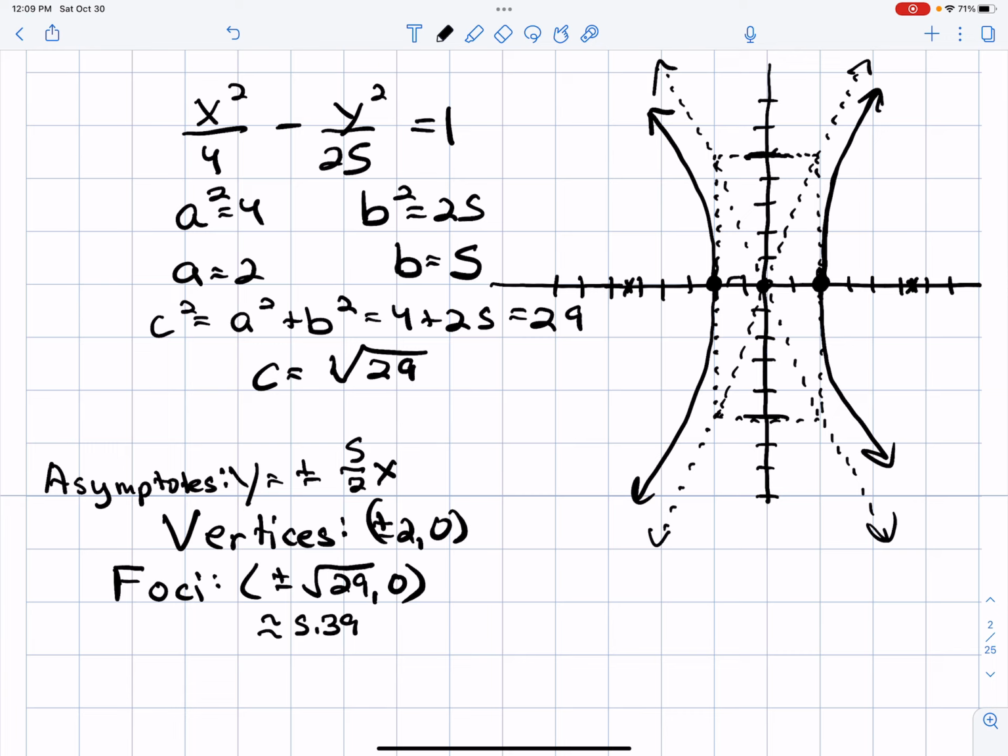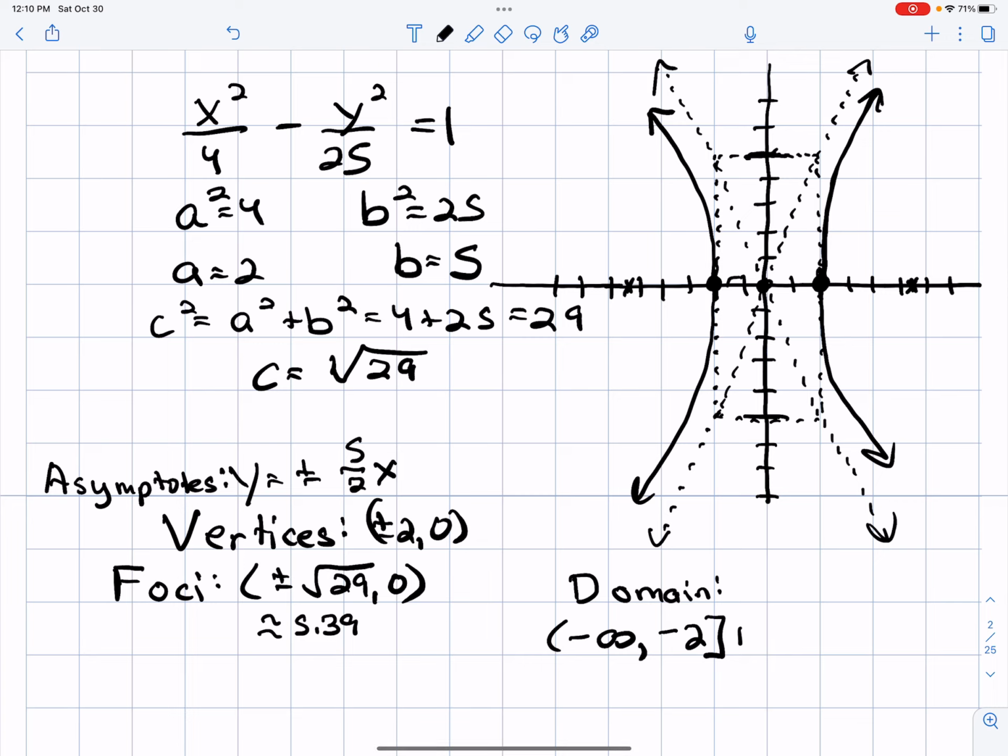All right, so we found the asymptotes, we found the vertices and the foci, and then domain and range. Okay, so domain. Well, this graph goes from left to right, that's domain, x's. So from negative infinity up to that vertex at negative 2, it includes that, so bracket.